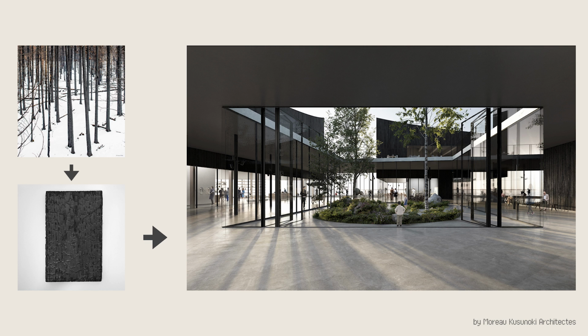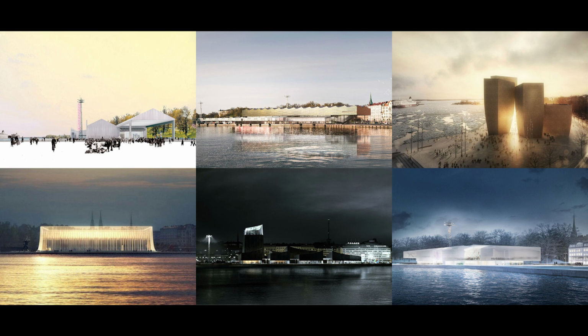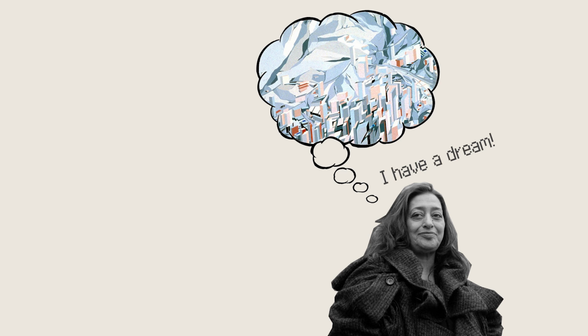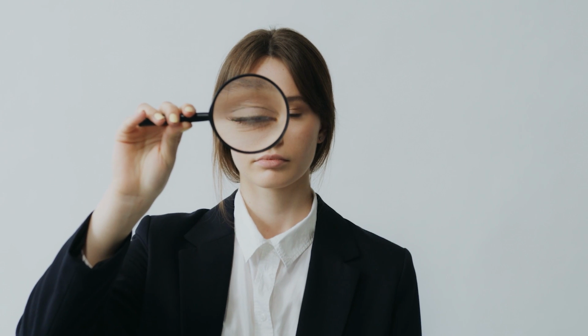It possesses a materiality that speaks to the natural environment in Finland. And there's obviously a lot more positive things going on with this entry, as well as with all the other designs. The point is, with all these finalist designs, they are not the result of personal expression or trying to create that architect's dream building, but rather the result of rigorous design processes and addressing the design brief through multiple lenses.